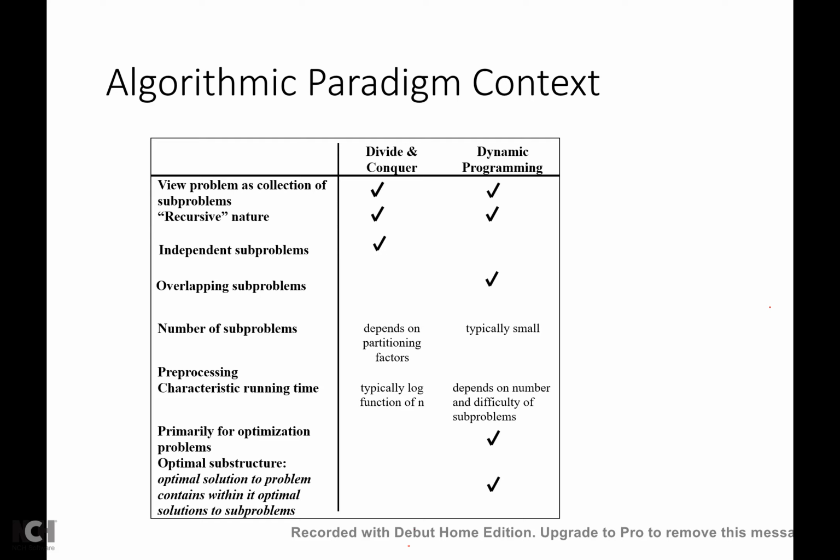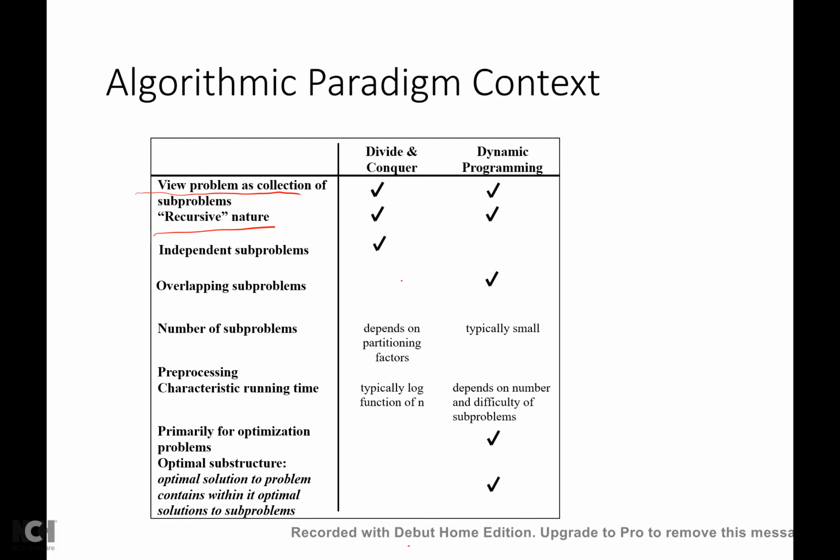In this table, we want to visualize the big difference between divide and conquer and dynamic programming. First, we take a look at the first two rows. Here we can see the common features: both use recursion, and both view the problem as a collection of sub-problems.